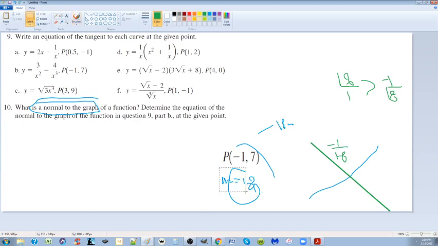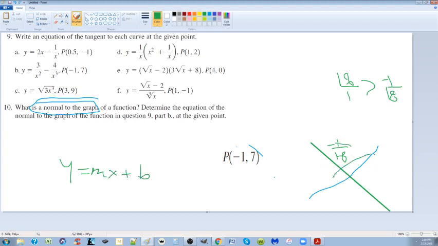So I don't need this anymore. And it's going to go through that point. So we're going to write the equation of a line. y is equal to mx plus b. And keep note that equations for the tangent line will always be a line. Equations for the slope will not be.